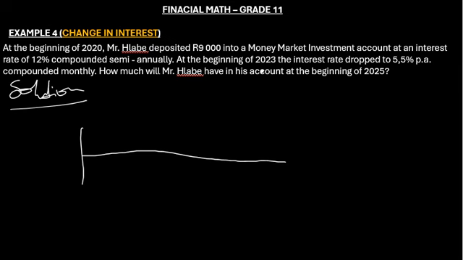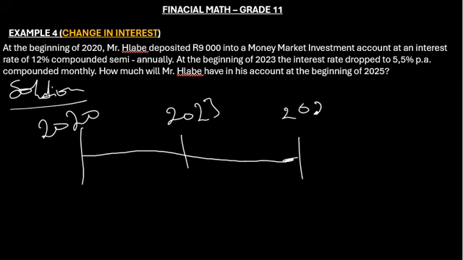Then at the beginning of 2023, so here I will have 2020 at the beginning. Then I will have 2023, and lastly I will have 2025. This is how easy it is.